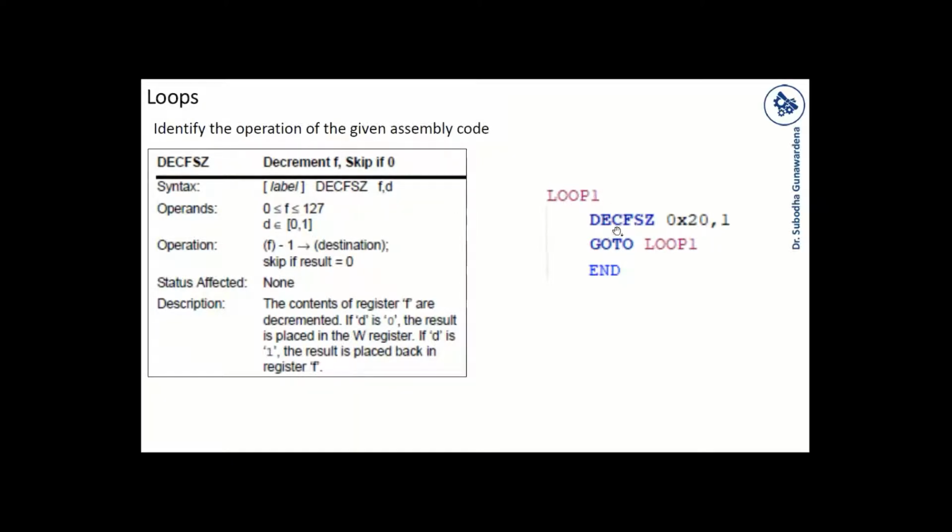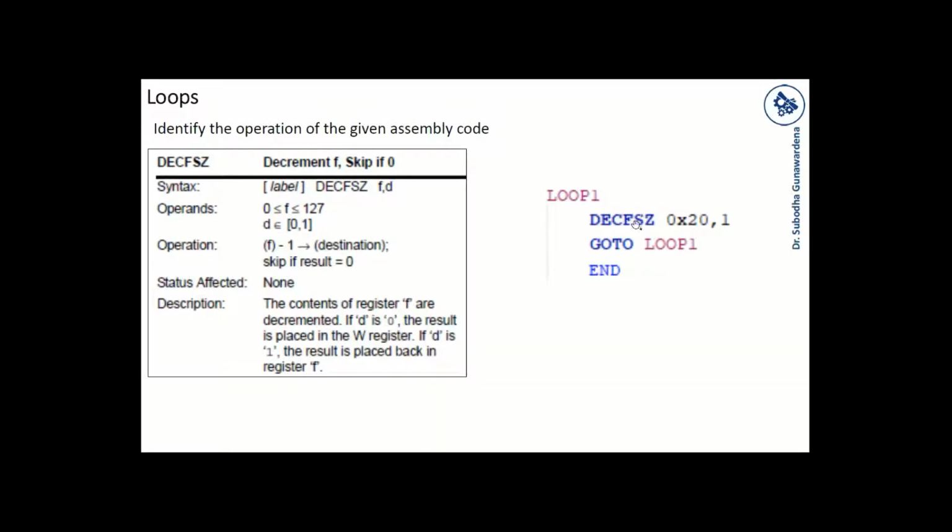Now look into this particular example I have given. This says decrement F, skip if 0. The register address is 0x20, which is a general purpose register in the microcontroller we are considering, comma 1.